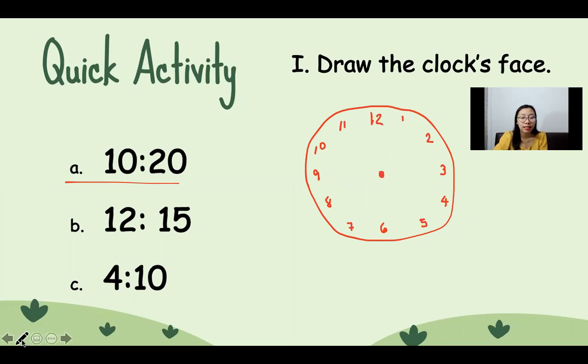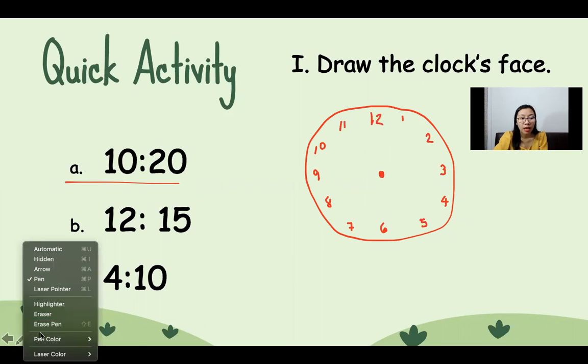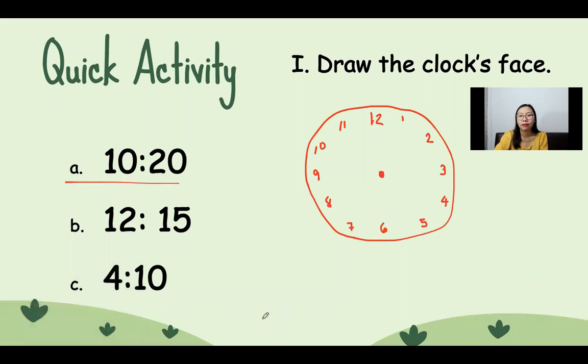So how do we draw 10:20? We first draw the shorthand, because it's the hour. We draw the shorthand that points at 10. Okay, perfect. 10 and then 20.